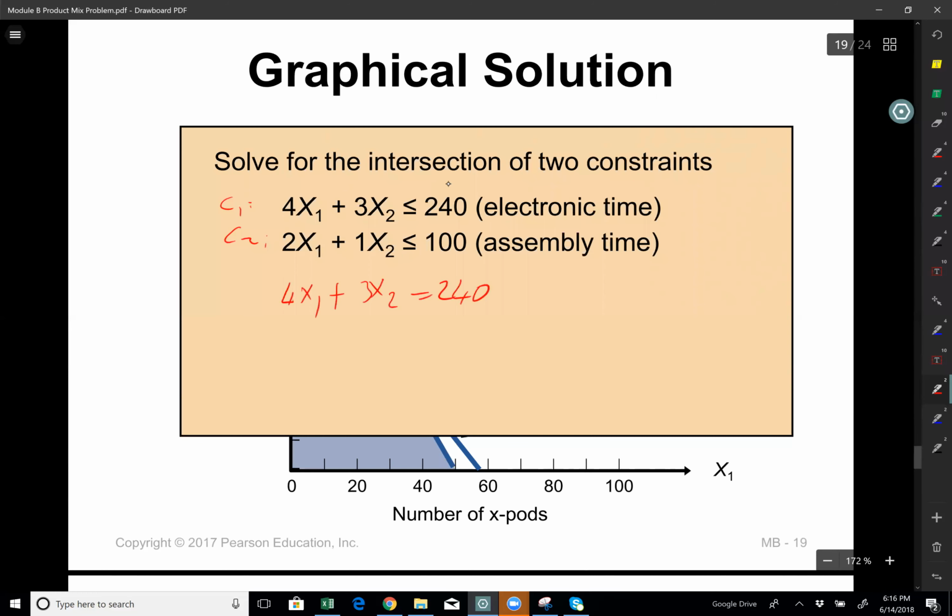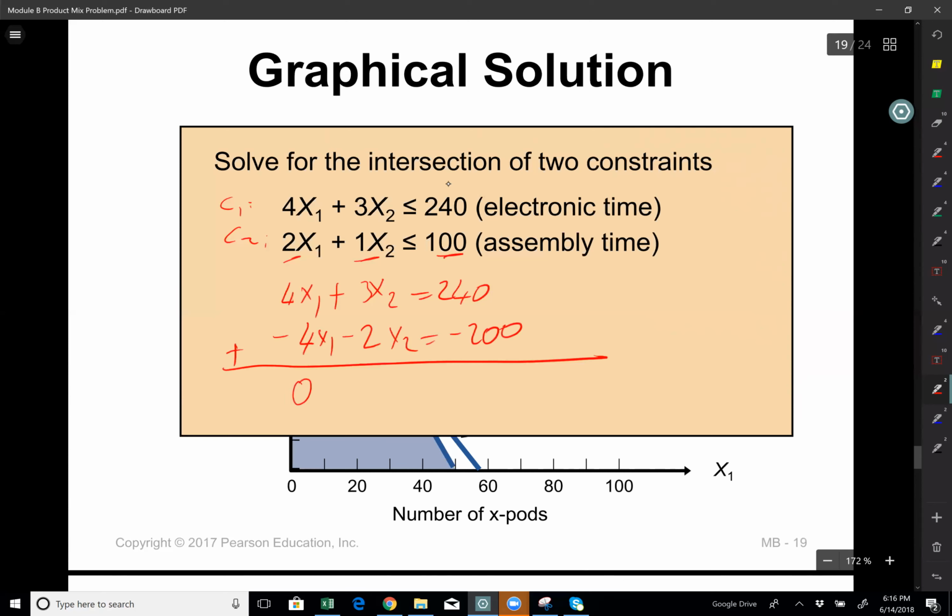If I multiply this term right here by -2, I will get -4x1. If I multiply -2 here, I will have -2x2. If I multiply this term right here by -2, then I will get -200. Now, if I add these two equations together, basically 4x1 plus -4x1 cancel each other out.